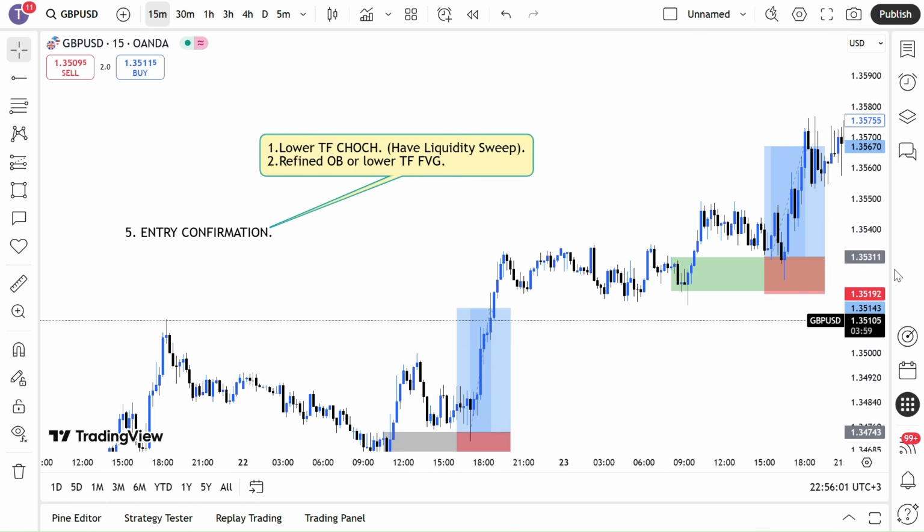So the high must sweep liquidity before going to break structure, let's say maybe to the downside or to the upside, depending on the trend. After that, that high or low that is going to be broken structure should have that liquidity sweep before the change of character happens. That makes that trade a high probability trade. So that is it for an entry confirmation.